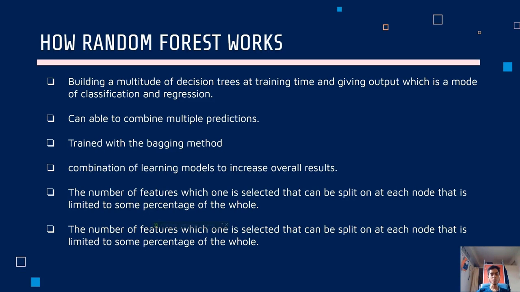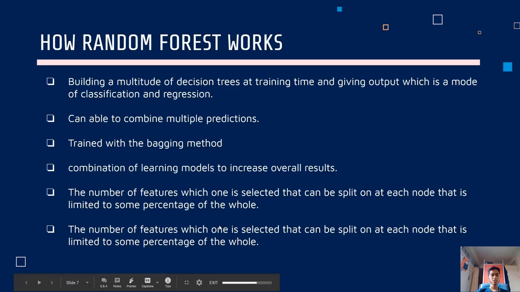However, there is no interrelation between these trees while constructing them. It works by building a multitude of decision trees at training time and giving output, which is the mode of classification and regression. It can combine multiple predictions. We have decided to use the random forest method because, compared to other algorithms, random forest gives more accuracy.